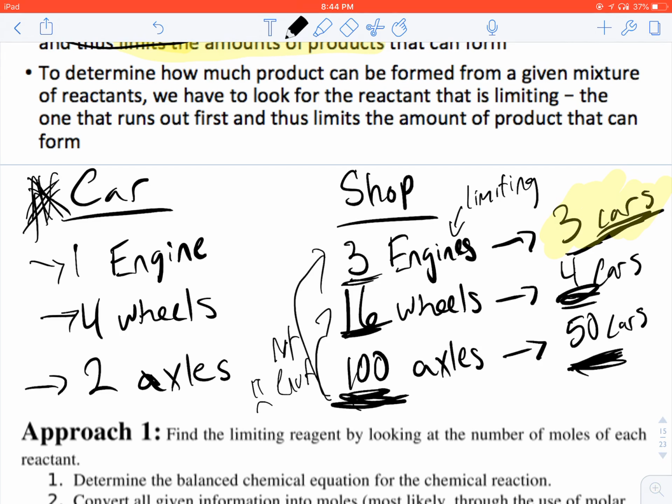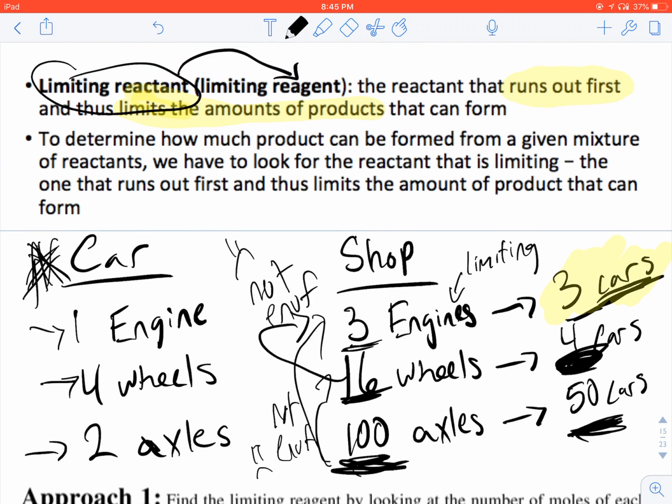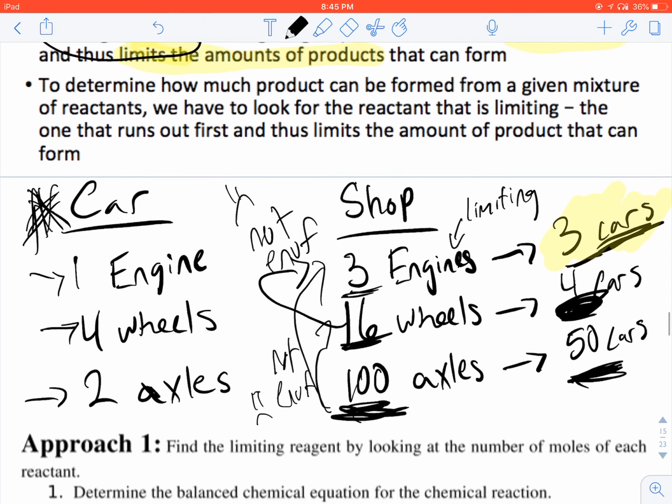We could have made 4 cars, but we don't have enough engines. So what's limiting our car manufacturing ability? The engines.